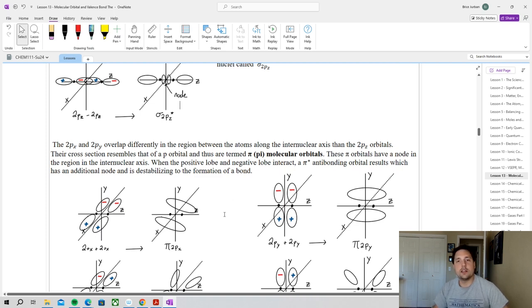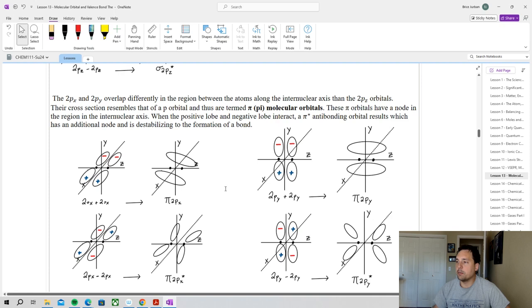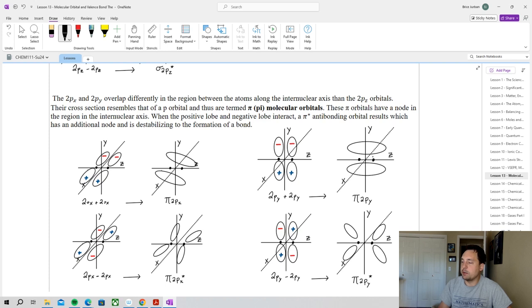When the 2px and the 2py orbitals overlap, they do this in a different way. If we look at the 2py orbitals, it's probably easier to see based off my diagram that they don't have a region along the internuclear axis, but rather perpendicular to it.